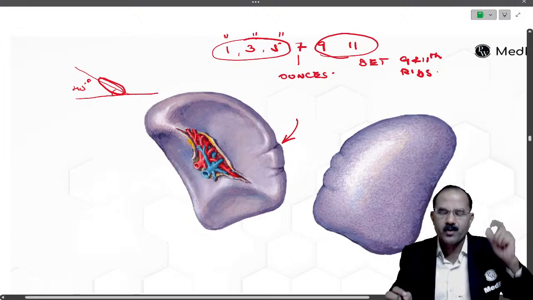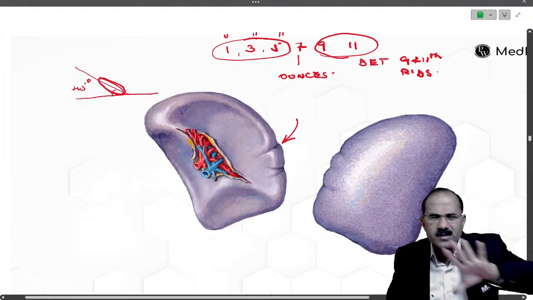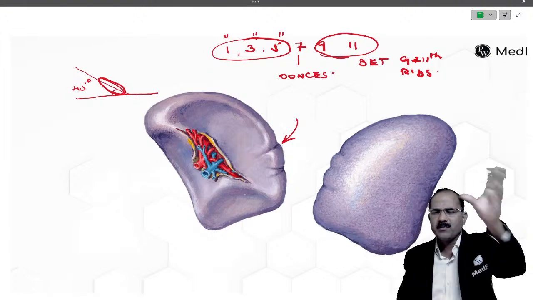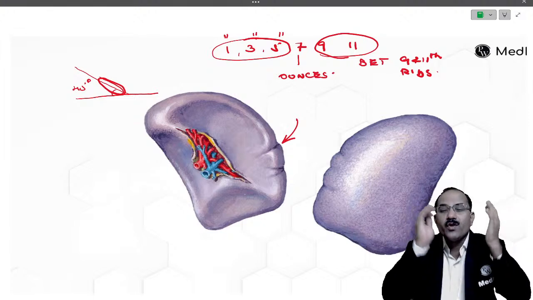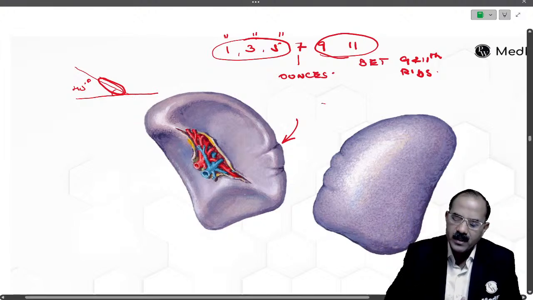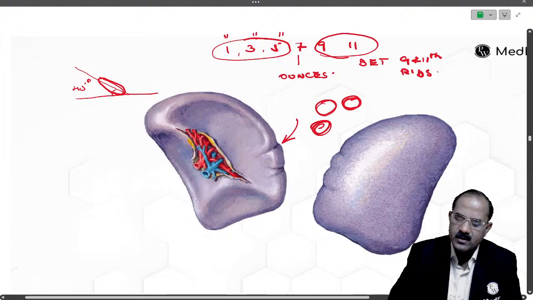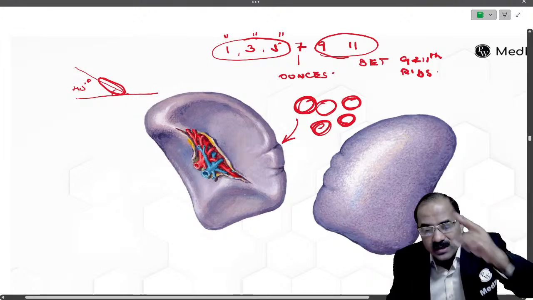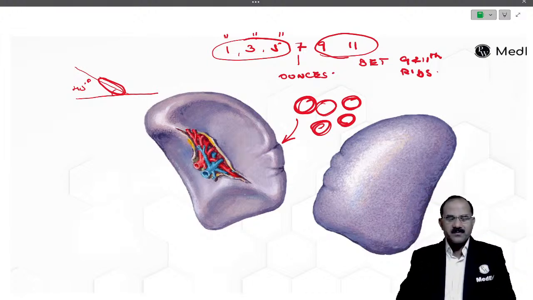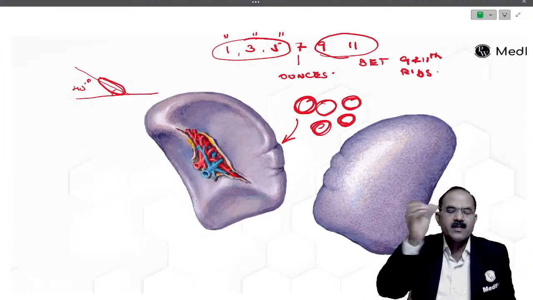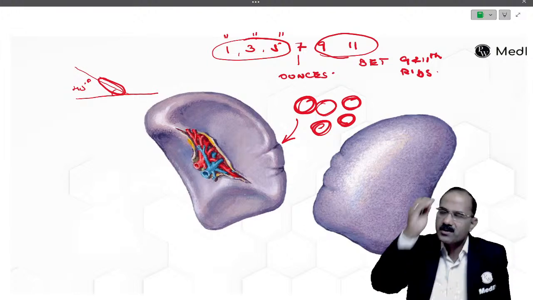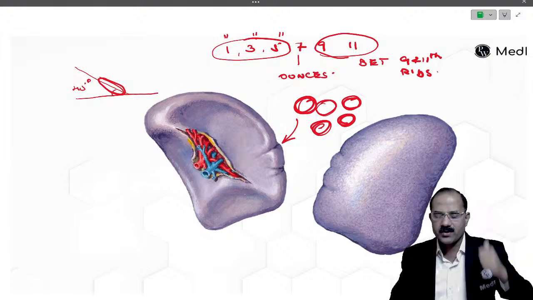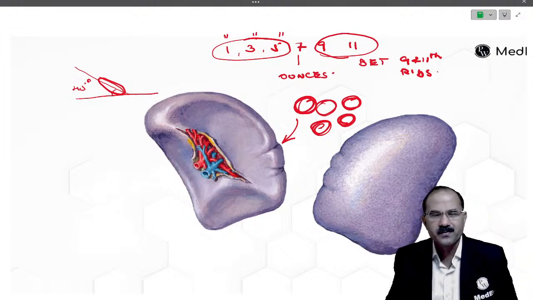Remember, not necessarily the superior border. Notches can be present along any border. What do the notches indicate? That the spleen has developed from small lobules. These small lobules fuse, and where they fuse, you get notches. So generally the superior border is said to be notched, but notches can be present along any border.